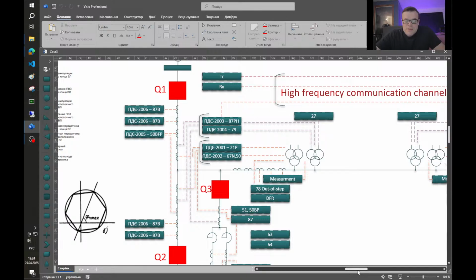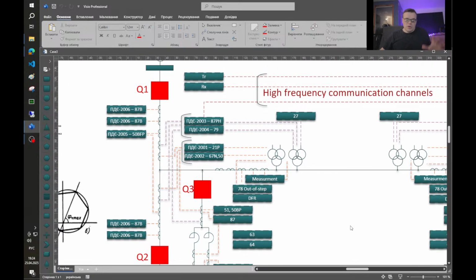Also, the second, third, and fourth steps of the directional overcurrent protection with their own times also make three-phase trips with AR inhibition and send a command to the opposite end to trip the opposite end.